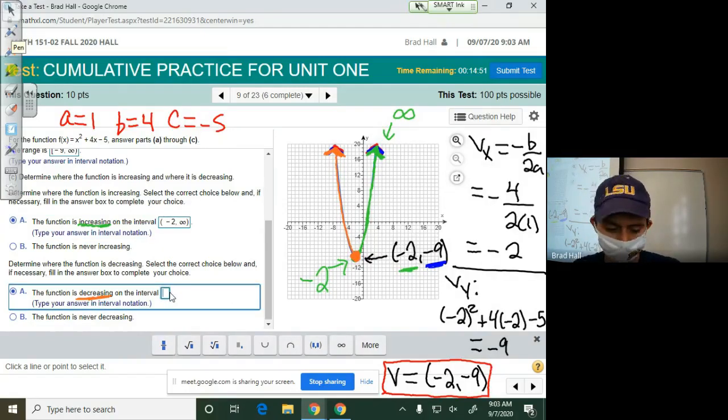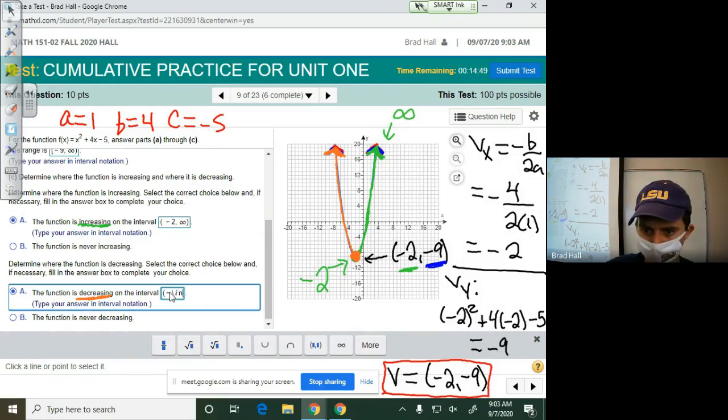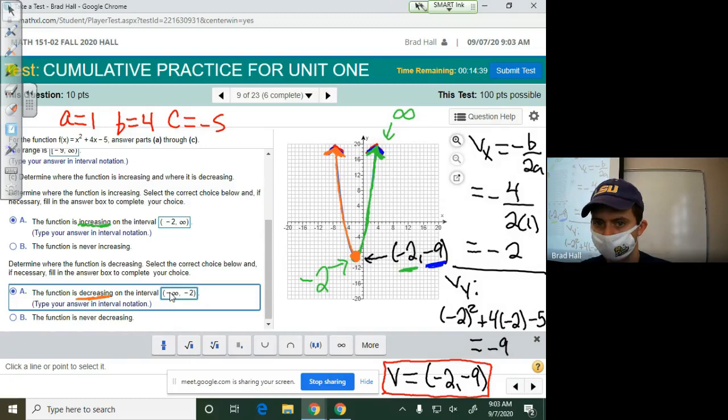And so this will be -infinity to -2 with a parenthesis, always parentheses. And that concludes this problem.